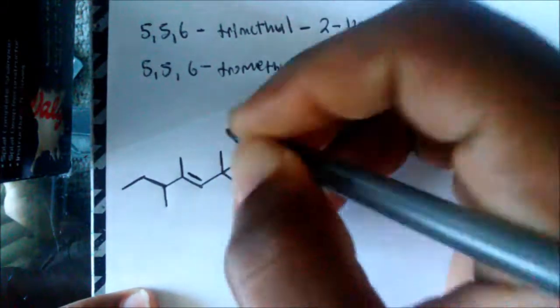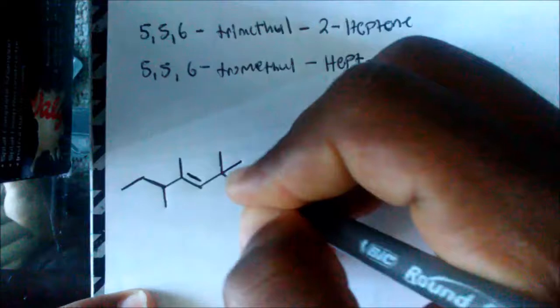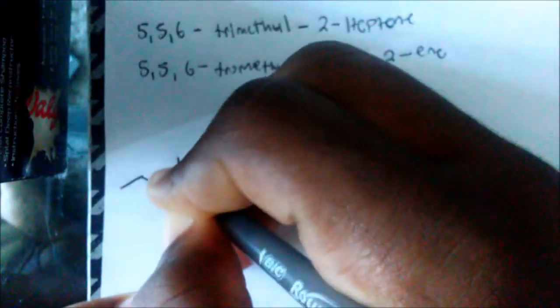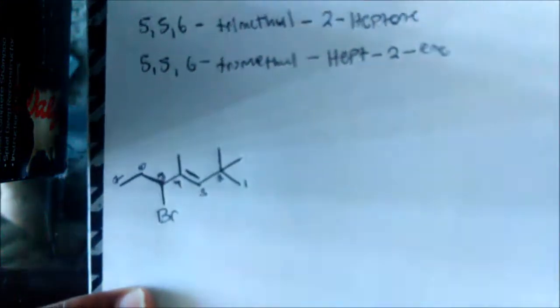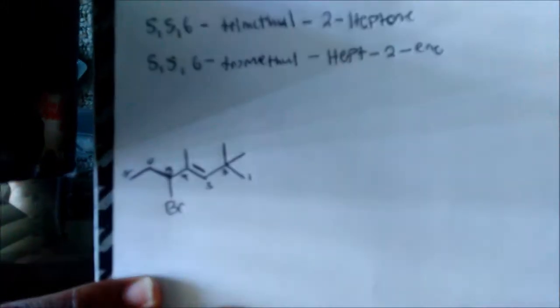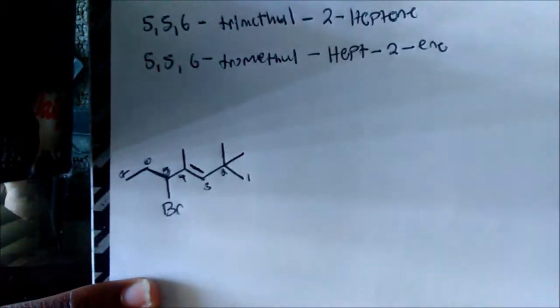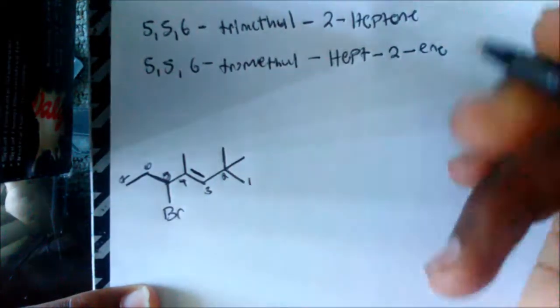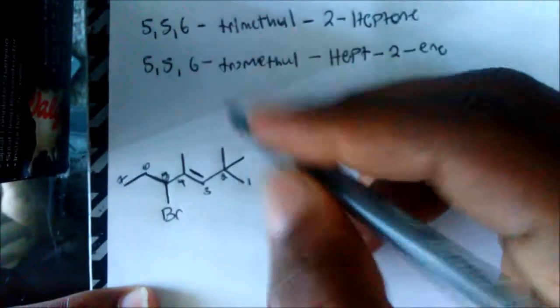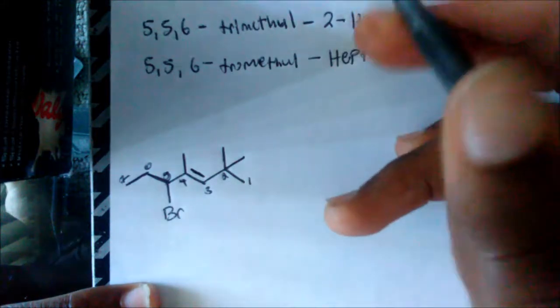So we start counting from here. So this is 1, 2, 3, 4, 5, 6, 7. And let's put a bromine here, just for naming purposes, right? So again, for substituents, starting from here, this is the longest continuous carbon chain, which will be 7 also, right?